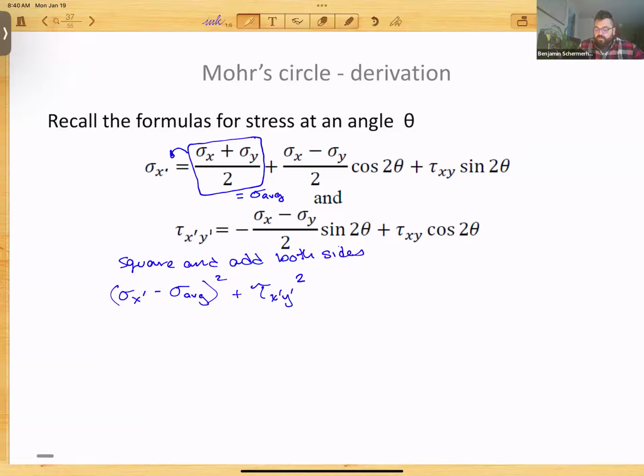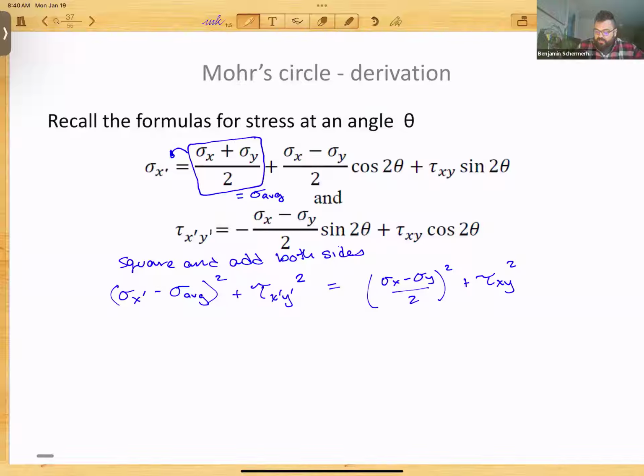After we square and add everything together, the sine squareds and cosine squareds go away. We end up with sigma x minus sigma y over 2 squared plus tau xy squared.